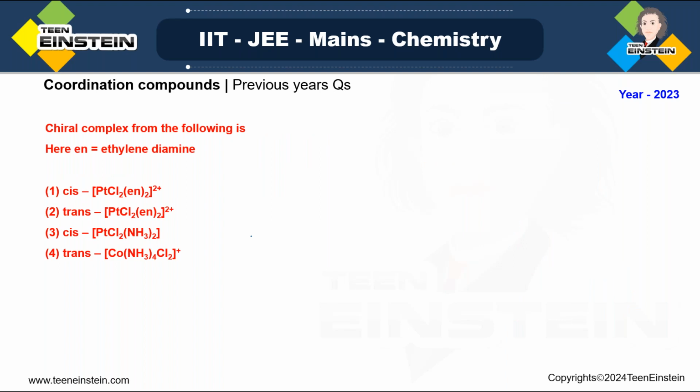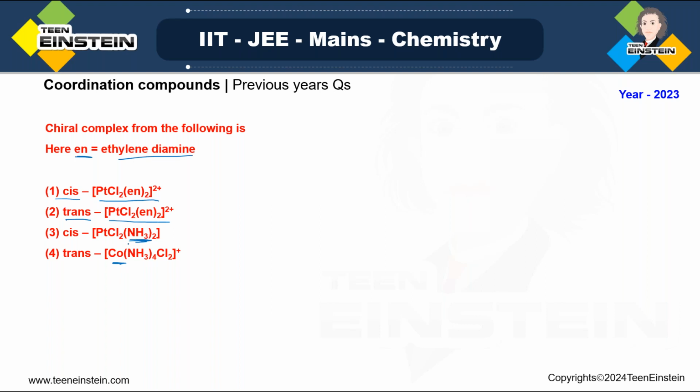Which chiral complex is from the following? en means ethylenediamine that you already know, still it is given. Here we have some cis-trans complexes. Now cis and trans in option 1 and 2 are actually the same complex, only cis-trans is the difference. Option 3 again has cis-PtCl2 but now it is not en, it is ammonia and there is no charge outside. And the fourth one is a cobalt complex.